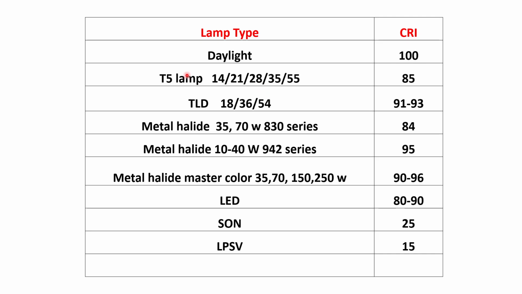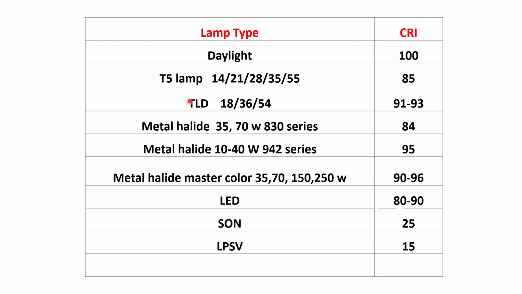The most efficient lamp in past days was the T5 lamp, which came in 14, 21, 28, 35 and 55 watt categories, having good color rendering index, and this was the most recommended lamp as compared to LED. LED is not having a proper color rendering index.